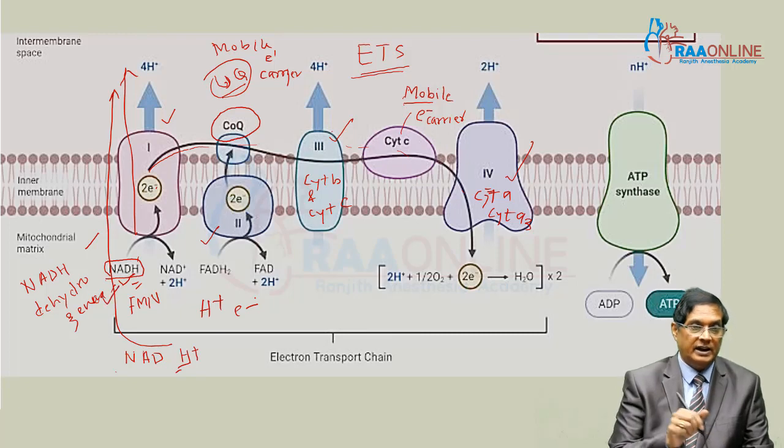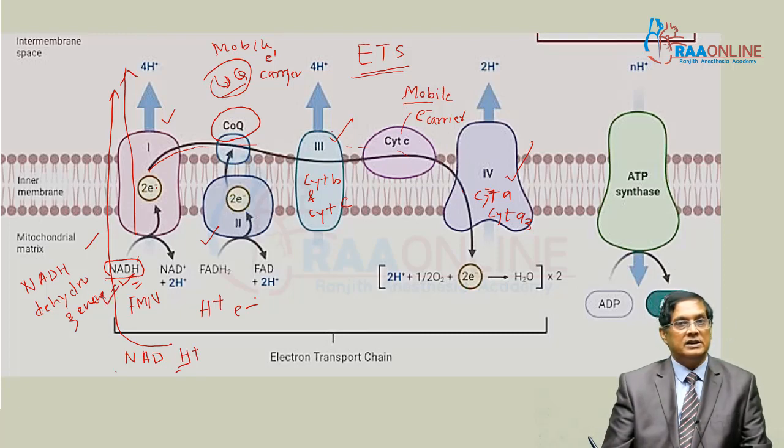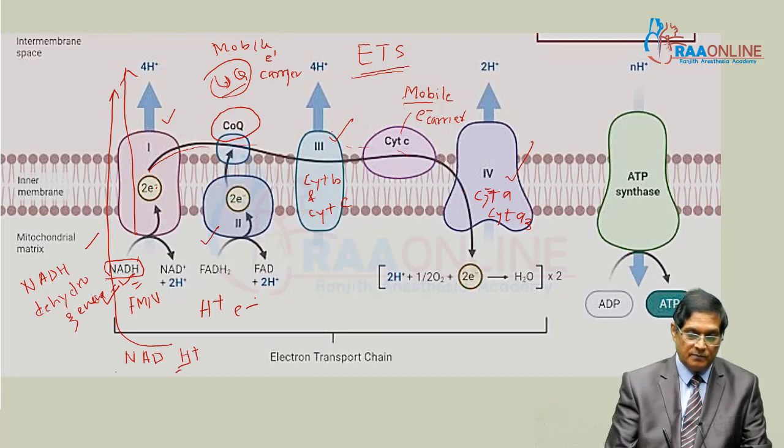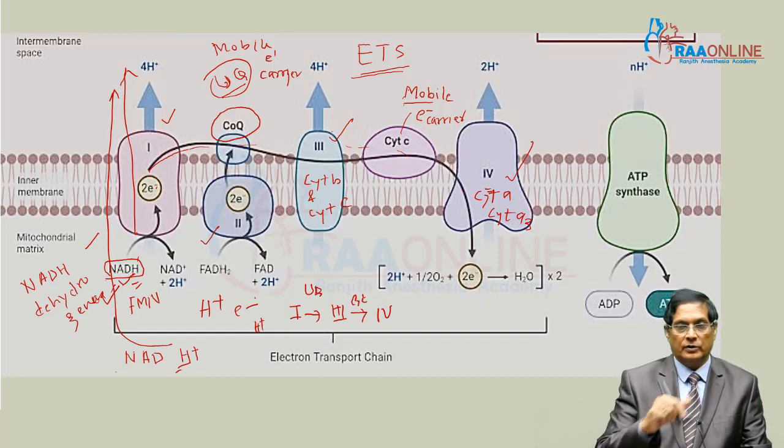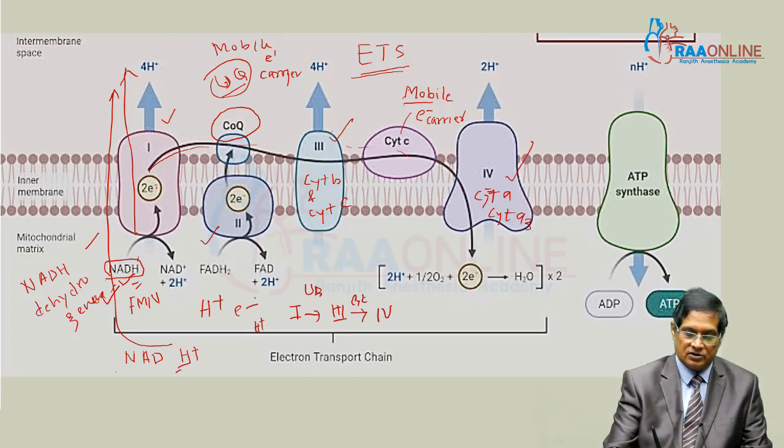When NADH releases its hydrogen or proton plus electron, electrons are passed from complex 1 to complex 3 and complex 4. The path of electron transfer from NADH goes via UQ from 1 to 3. Then cytochrome C transfers electrons from third to fourth, and these electrons are released.